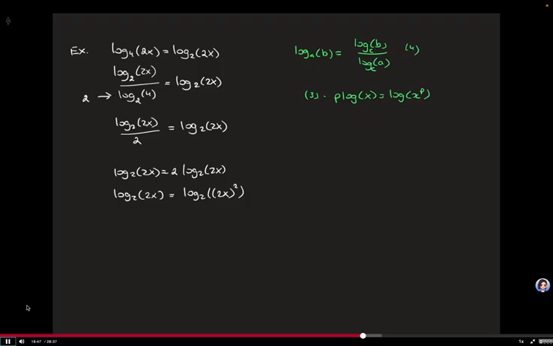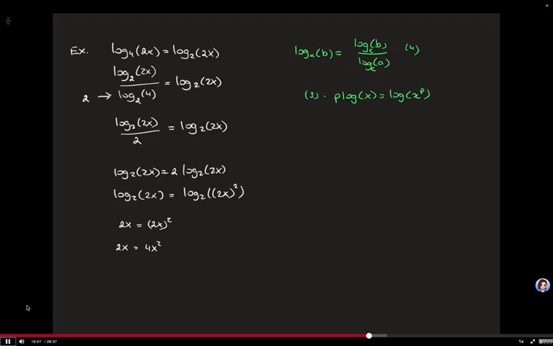And now we can say 2x is equal to (2x) squared, so the logarithms cancel out because they have the same base. So that's 2x equals 4x squared.